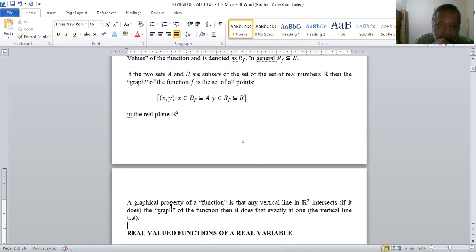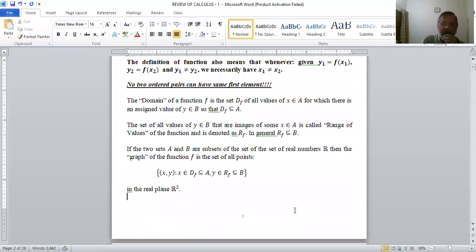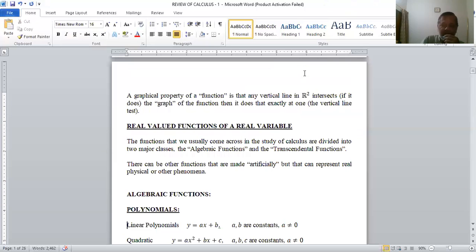A graphical property of a function is that any vertical line in R square, if it really intersects the graph of a function, then it does that exactly once. कोई भी function आप उसका graph बनाएं तो उस function की property ये है कि उस graph पे किसी जगह भी आप vertical line draw करें तो vertical line test भी कहलाता है ये। वर्टिकल लाइन ग्राफ को सिर्फ एक ही पॉइंट पे कट करेगी, एक से ज्यादा पॉइंट पे कट नहीं करेगी, which is again an exhibit of this sentence that no two ordered pairs can have same first element. यानी अगर images different हैं तो pre-images भी different होंगी.